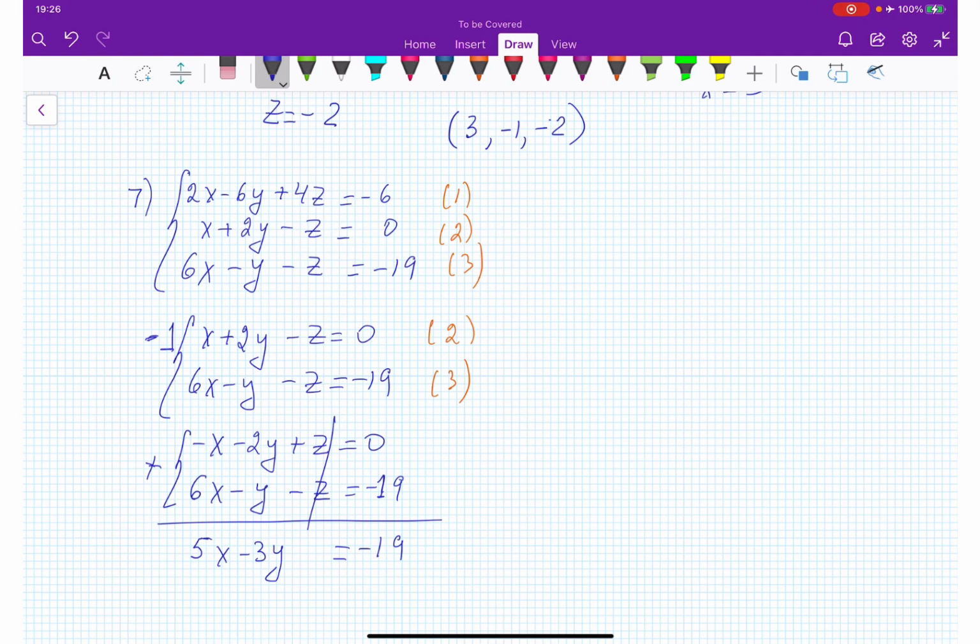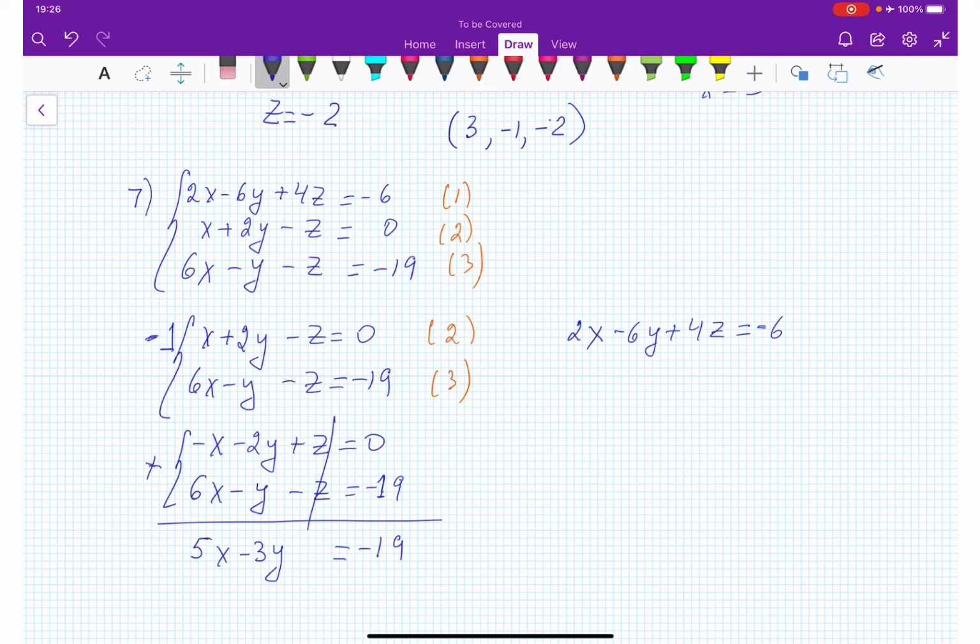We have to pick first one because we haven't used first one yet. 2x minus 6y plus 4z is equal negative 6. And which one we use, 2 and or 3? Let me see.